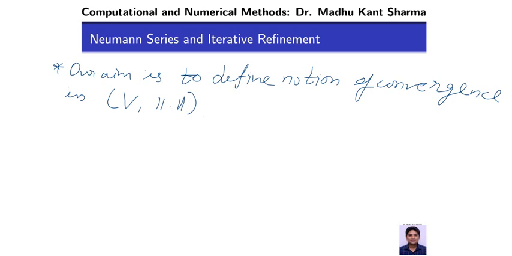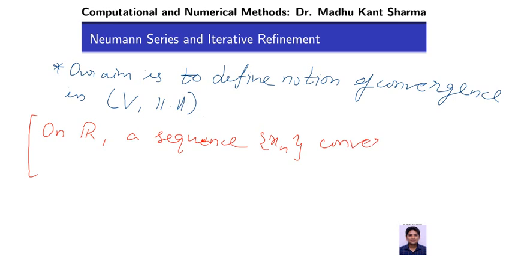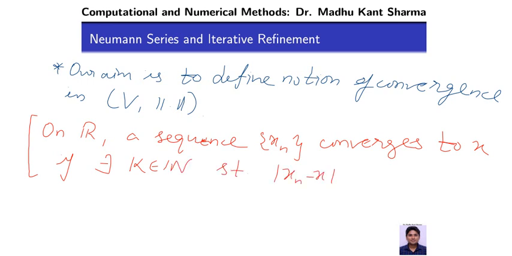On R, we say that a sequence xn converges to x if for every epsilon bigger than 0, there exists a natural number K such that mod of xn minus x is strictly less than epsilon for all n greater than or equal to K.